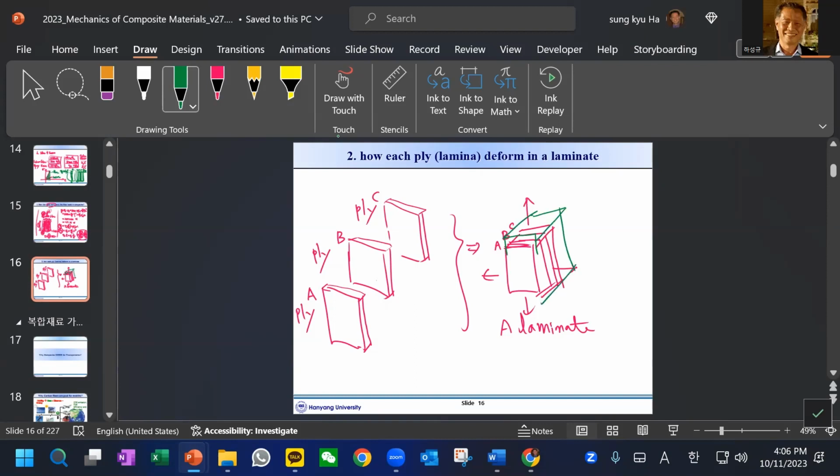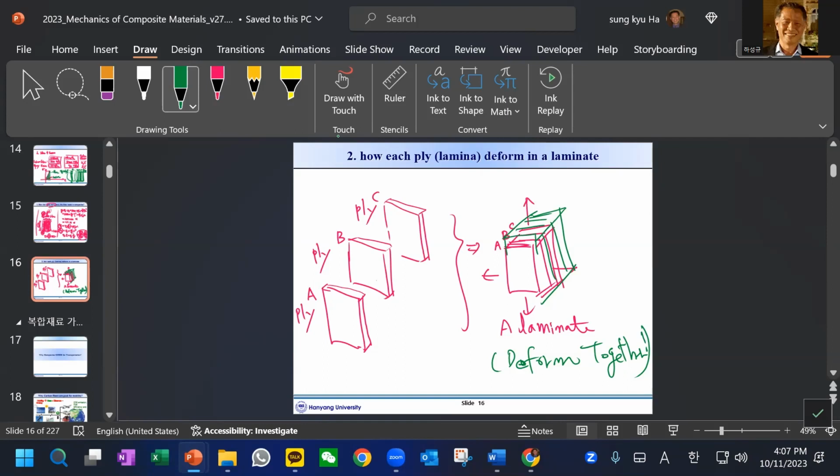This sounds very obvious, but this is the most important behavior of the composite to understand the mechanics.